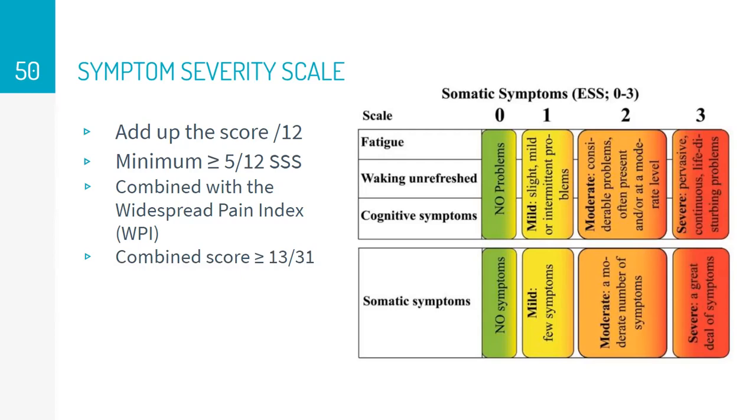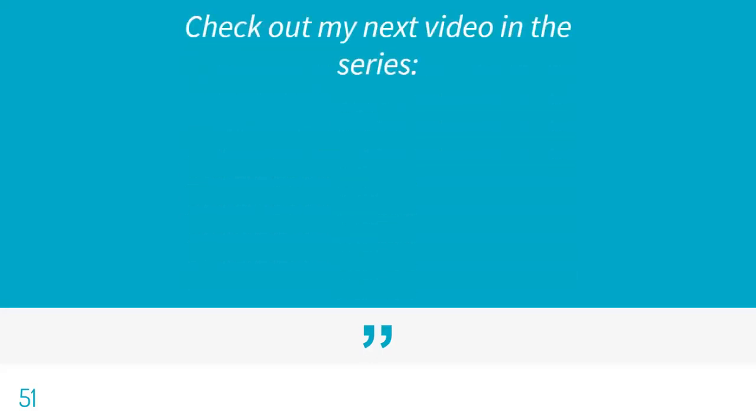Generally, they think that you need around 13 or more combined out of 31 to diagnose you with fibromyalgia. I hope that explains a little bit more about the pain points, why and how they use them, and how the diagnostic criteria have changed over the years.